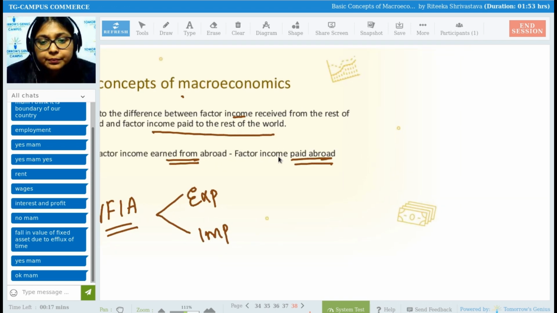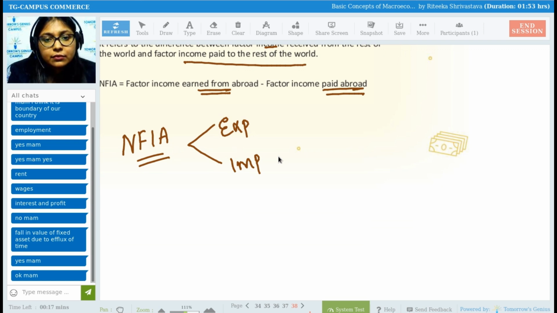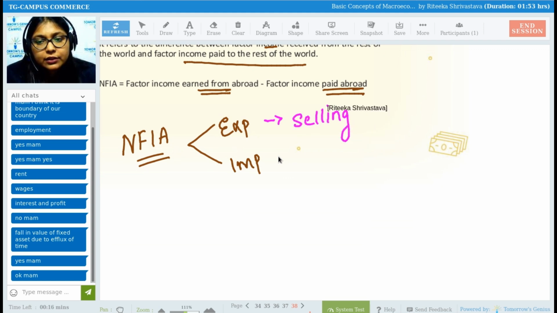Suppose you have done exporting of goods. Exporting of goods means selling of goods to the foreign country. Since we are doing selling, we will receive the income.